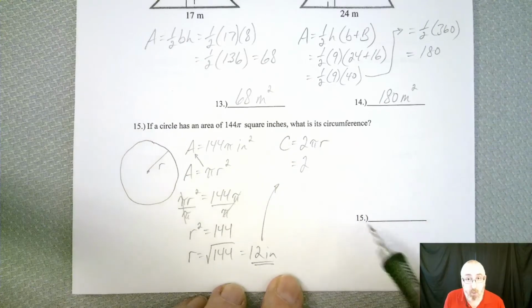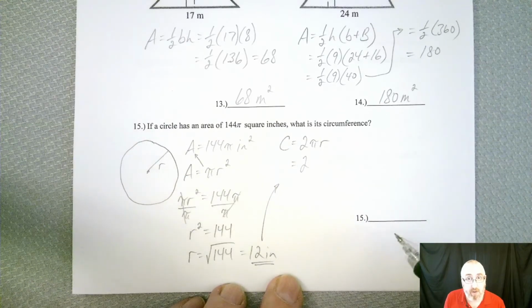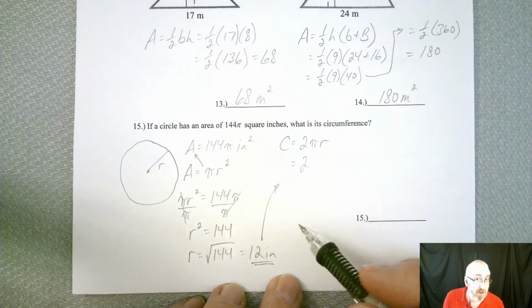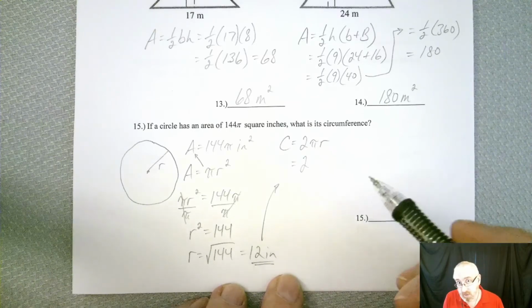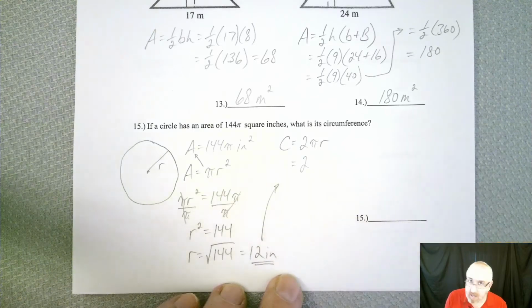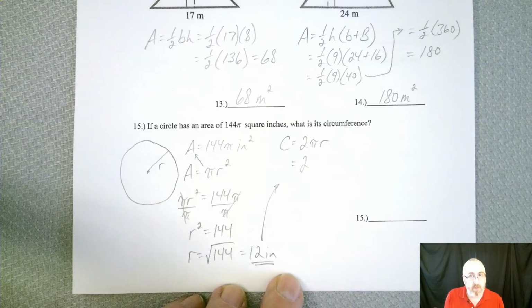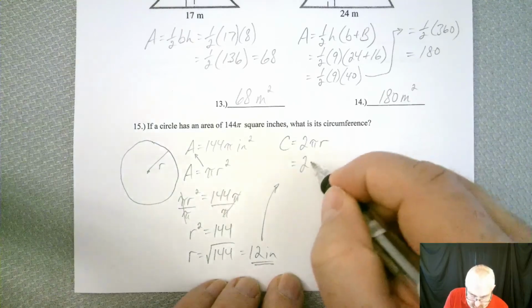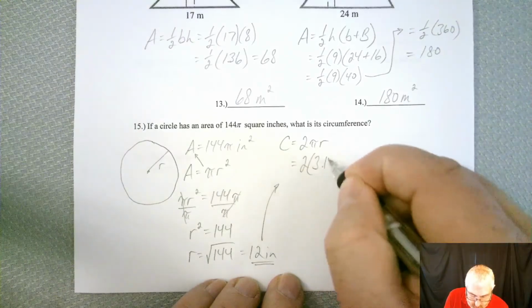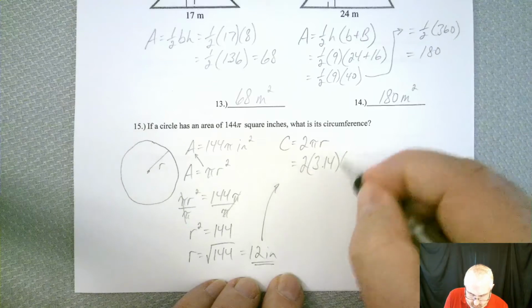Now, it doesn't say what you can write for your final answer, if you want to leave it in terms of pi, or maybe you want to use 3.14. Either way, if you're not sure, if it doesn't explicitly say use pi, then you have the freedom to use either method. So let's put in the 3.14, most people like that better.